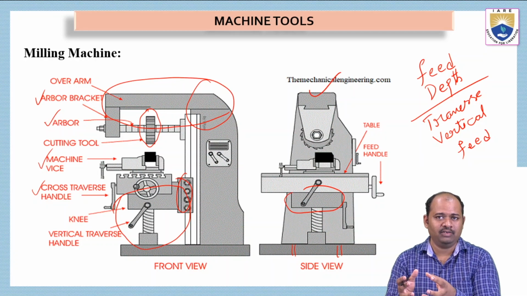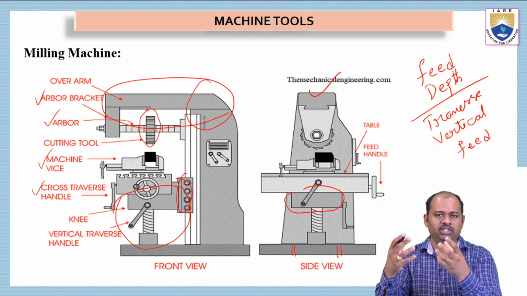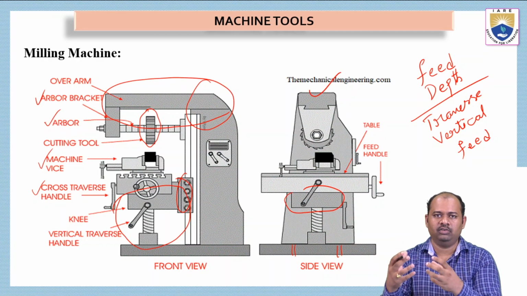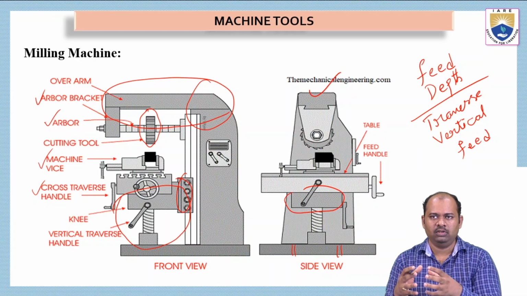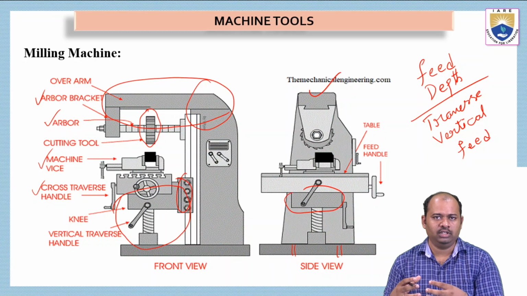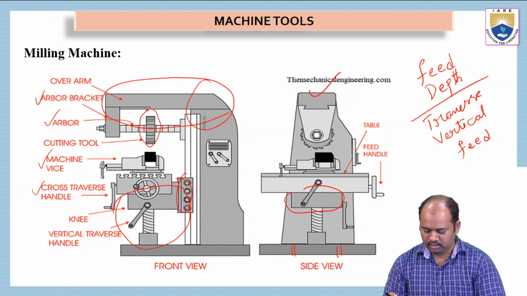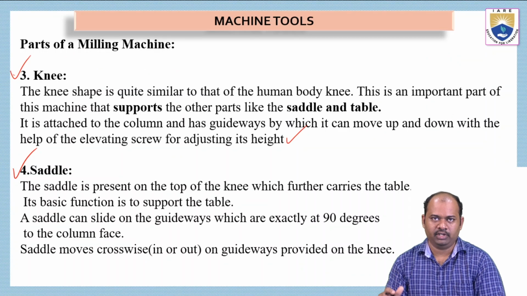So the saddle is the part which is holding the table. On the table we have the machine vise, in which we have to insert the workpiece. So the saddle has the capability of moving in both X direction and Y direction with respect to the bed. So on the saddle we have the table.